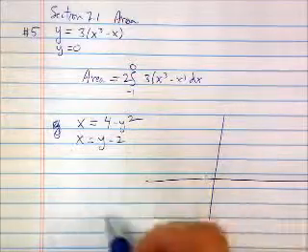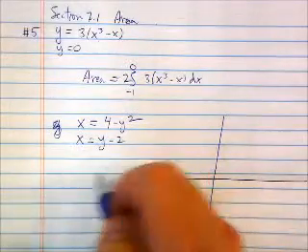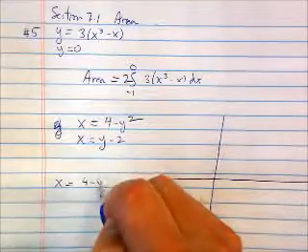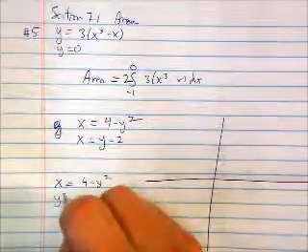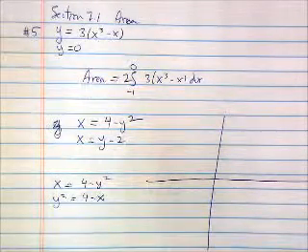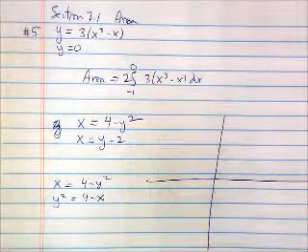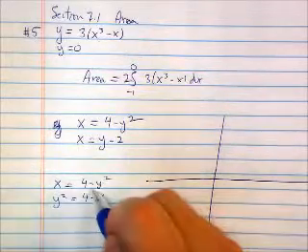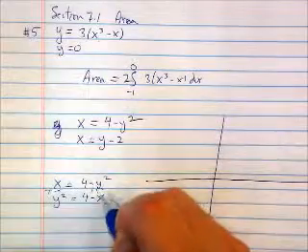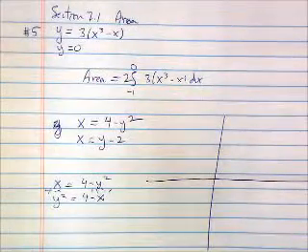So what you could do is, I think what you're doing is you're writing this as x equals 4 minus y squared. You could write this as y squared equals 4 minus x. Well, what I did is I added y squared to both sides, and I subtracted x, because I wanted it to be a positive y squared.